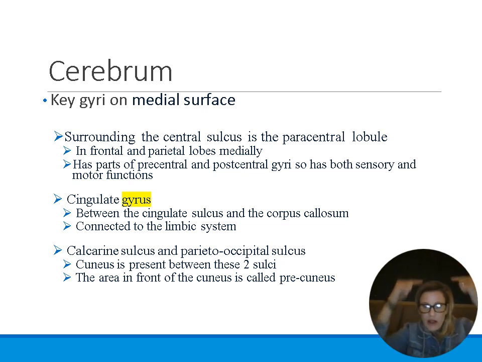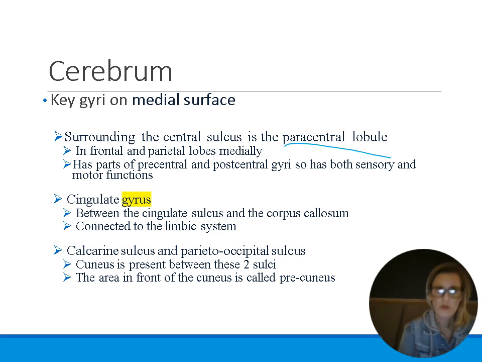Surrounding the medial central sulcus is called the paracentral lobule. The paracentral lobule is the medial aspect around the central sulcus. It has some of the frontal lobe and some of the parietal lobe.